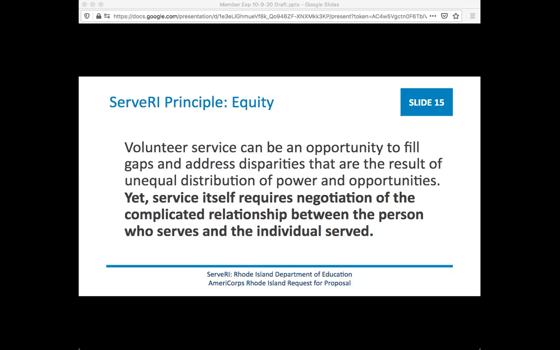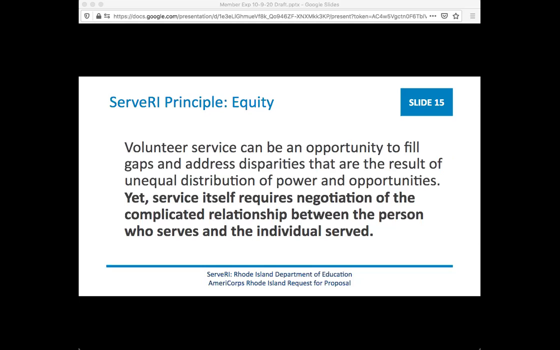Is this a value, or am I an outsider coming in? This is hard, but a well-run program can minimize some of those challenges, and a well-supported member can be guided to navigate through this.